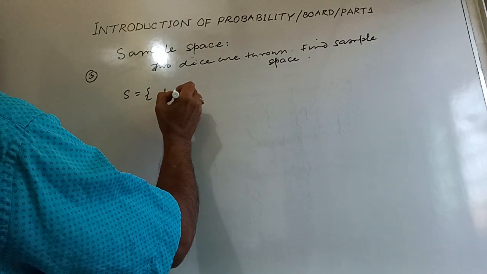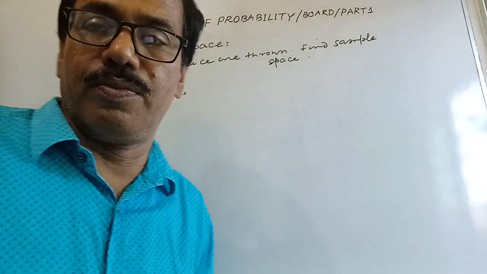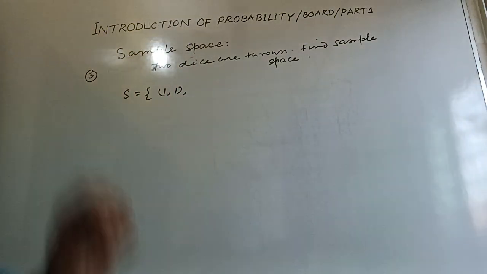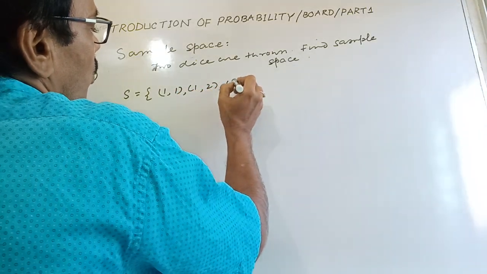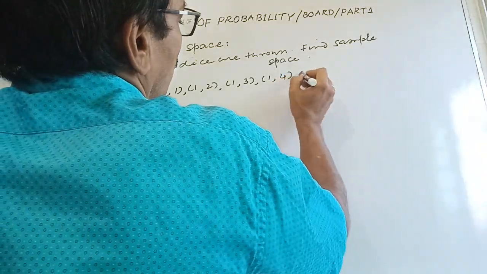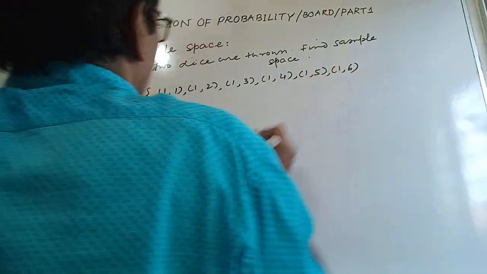So 1, 1 first. In the second throw it is also 1. Then 1, 2. 1, 3. 1, 4. 1, 5. You have to recall these results.